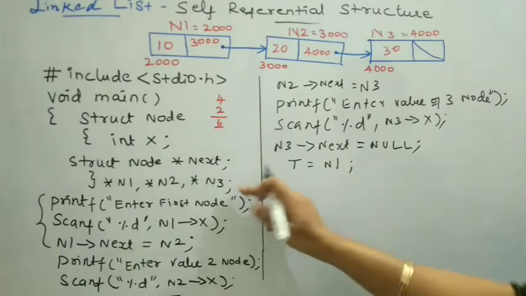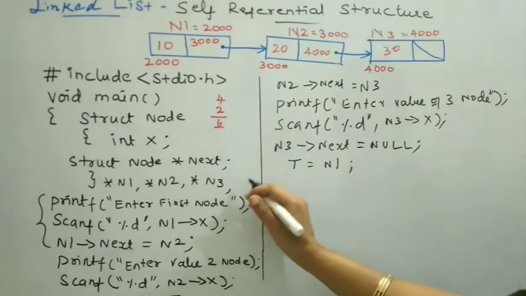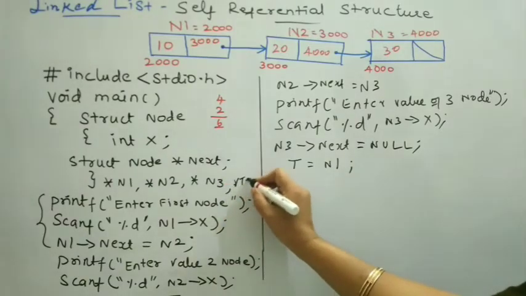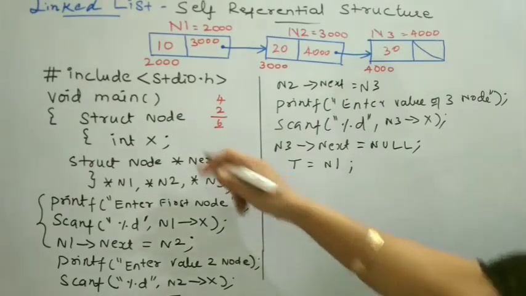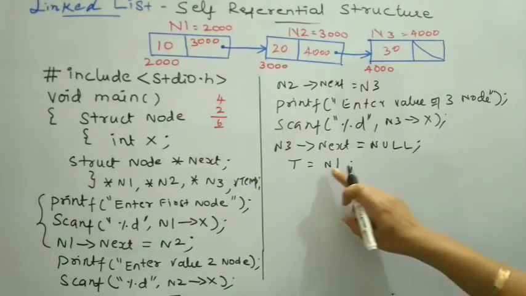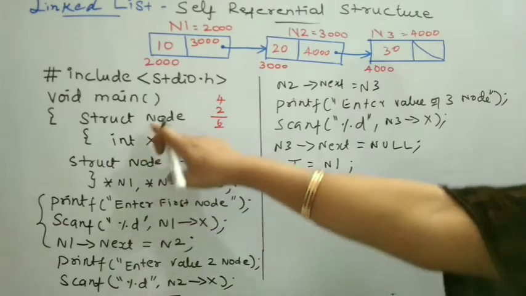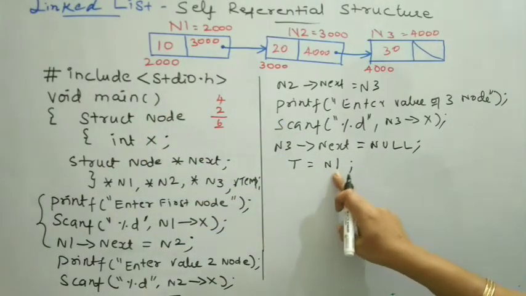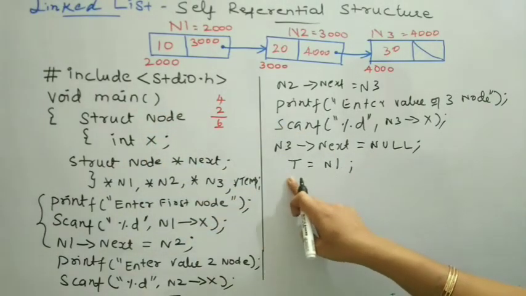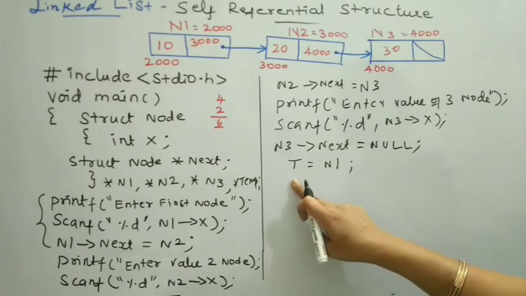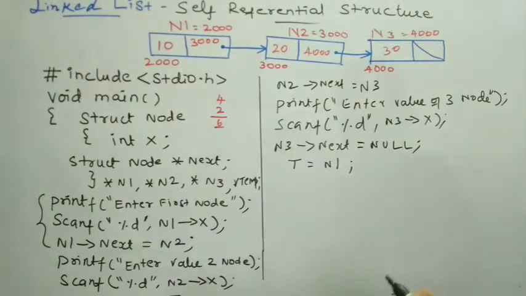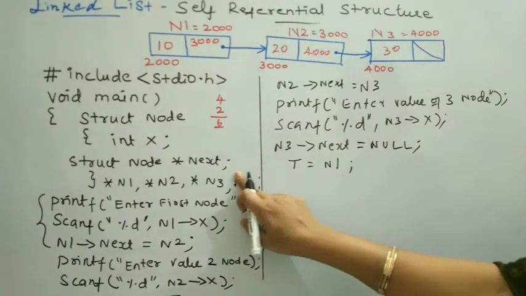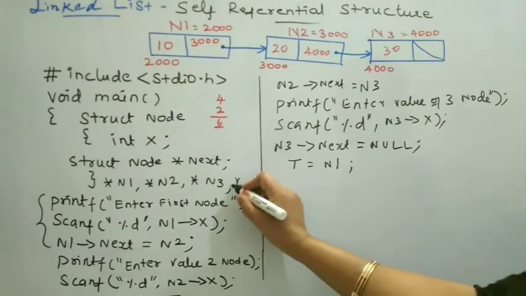Pointer variable of what? Pointer variable of structure node. Why is it so? N1 is also a pointer variable for structure node. If I assign the memory address of this to some variable, that variable should also be a pointer variable for this node structure. So I have declared this star t.